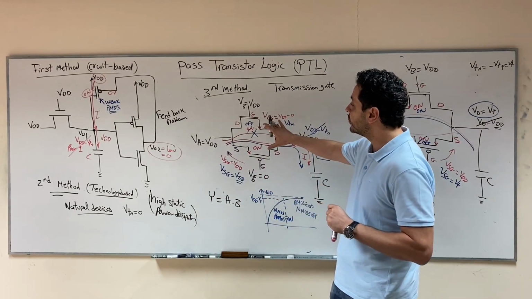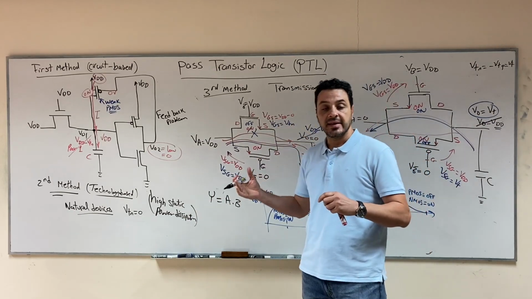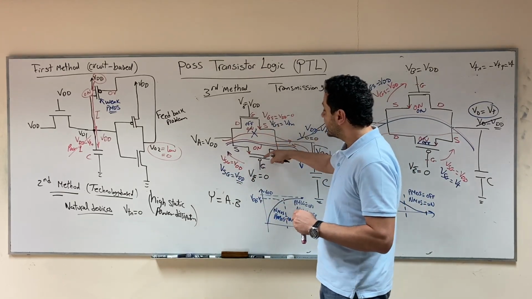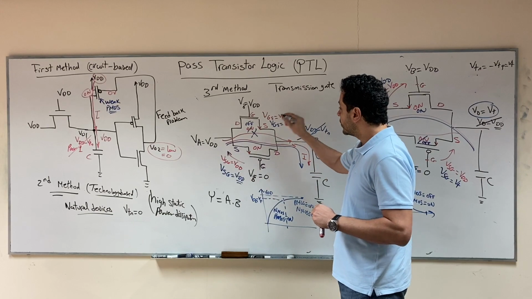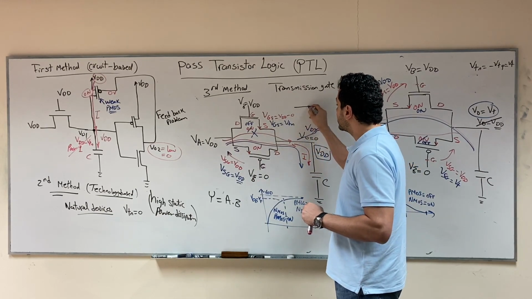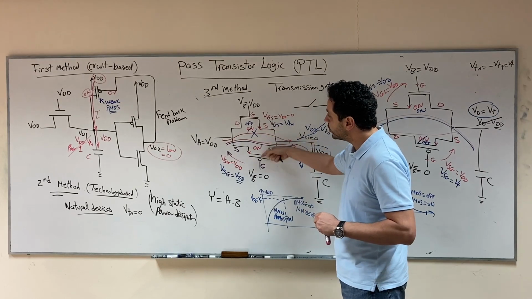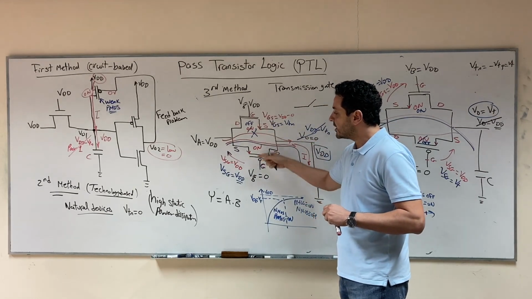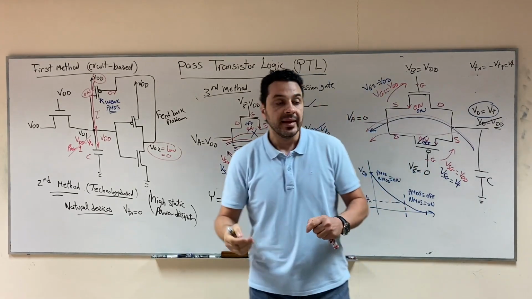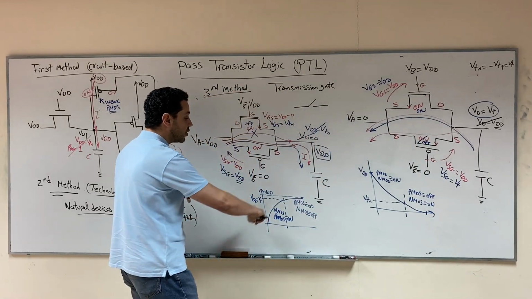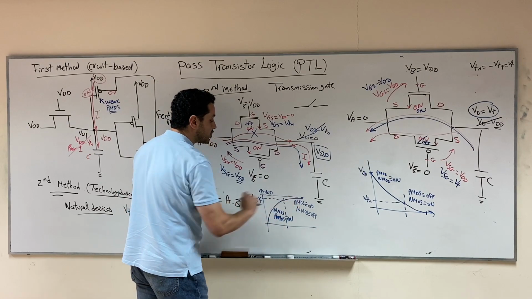And the third method was to replace the n-mos transistor with a transmission gate, with an n-mos and p-mos. This transmission gate, as we explained before, represents only one switch. So one switch is represented by two transistors, n-mos and p-mos. And we saw that using this transmission gate solves the poor one problem. So the capacitor is going to charge to VDD.